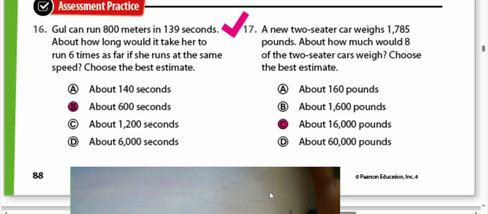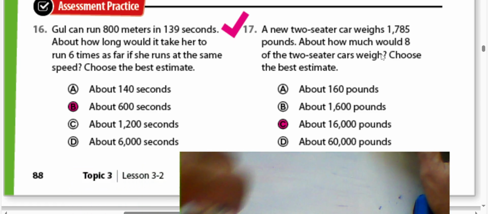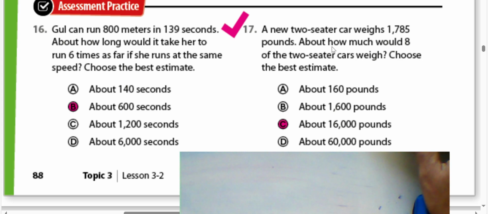A new two-seater car weighs 1785 pounds. About how much would 8 of the two-seater cars weigh? Choose the best estimation. We can estimate the number. It is nearest to 1800, or this number is nearest to 2000.